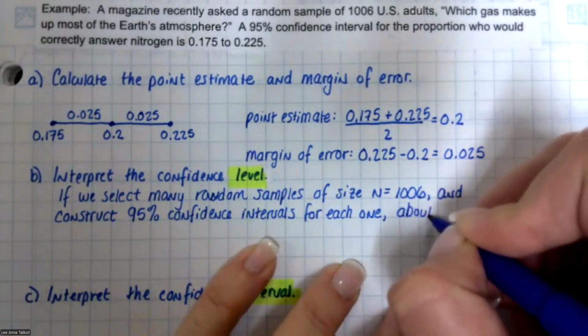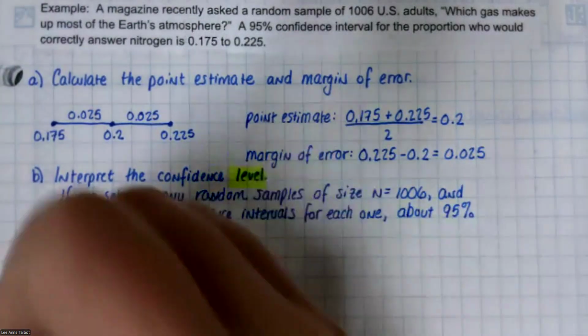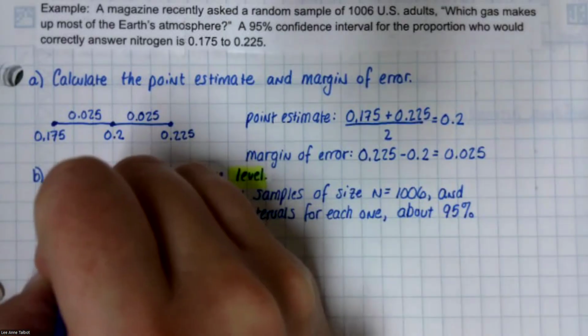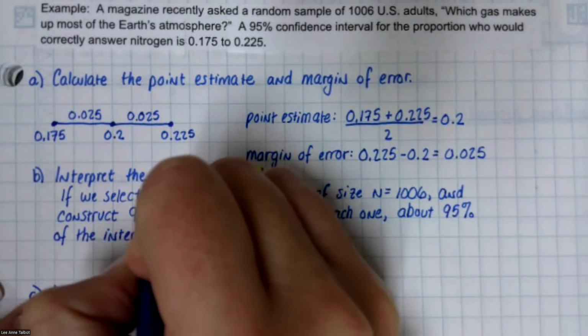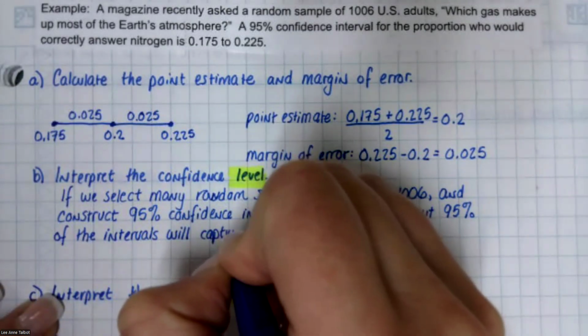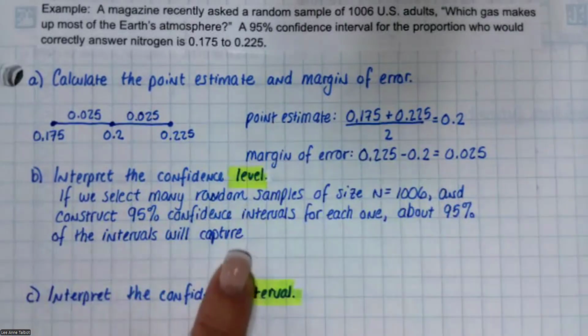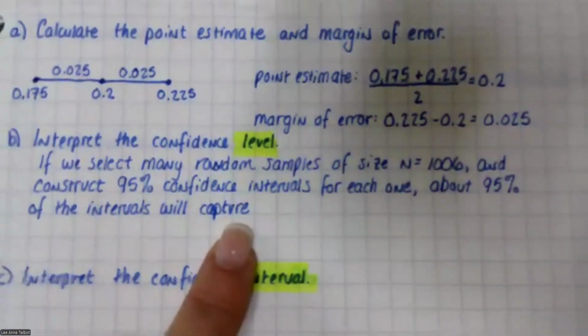about 95%. "95% of the intervals will capture." It's supposed to say capture.